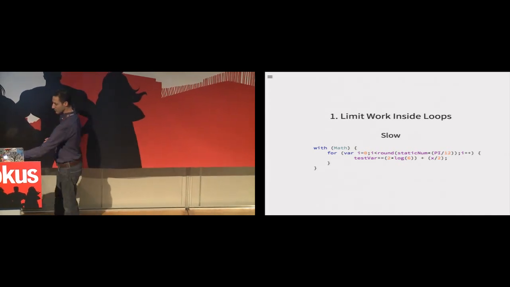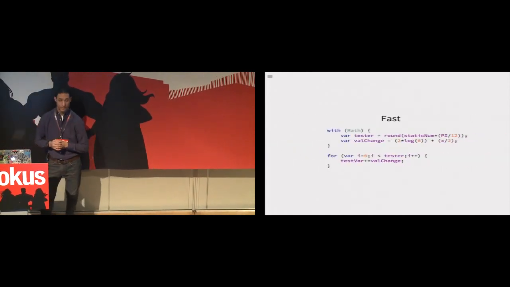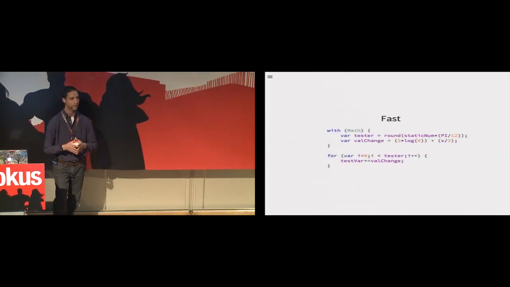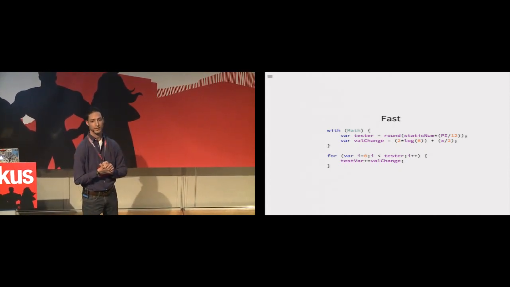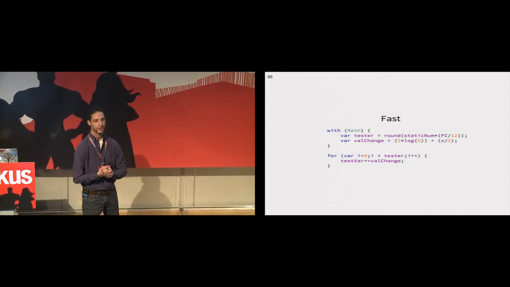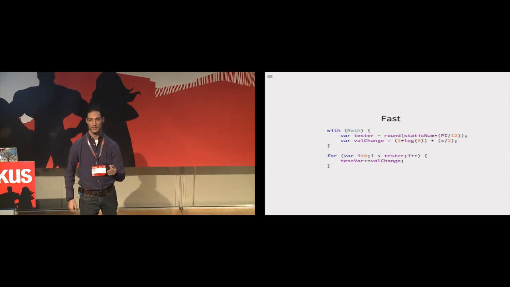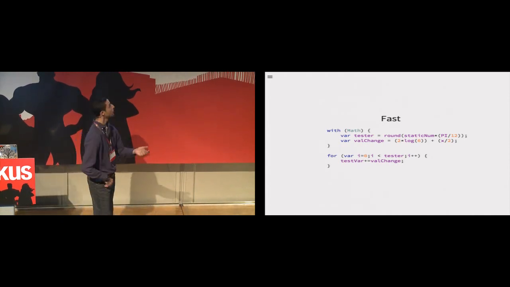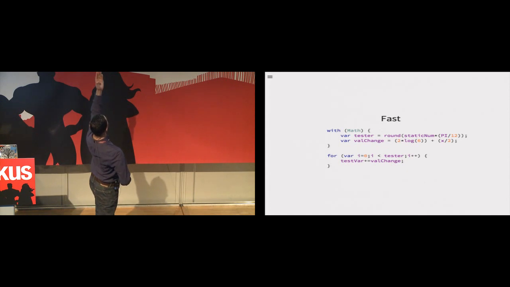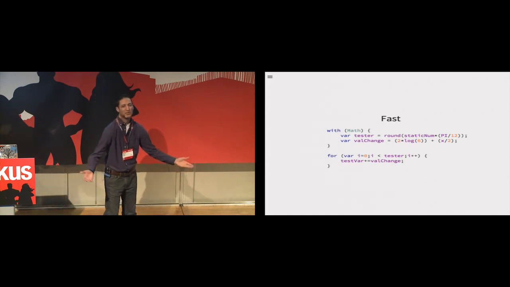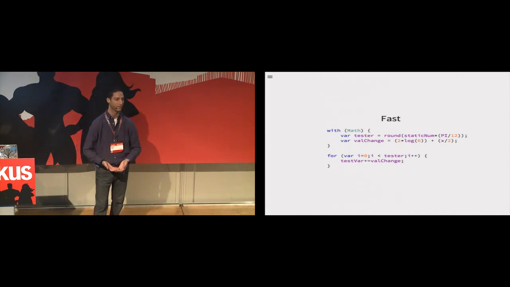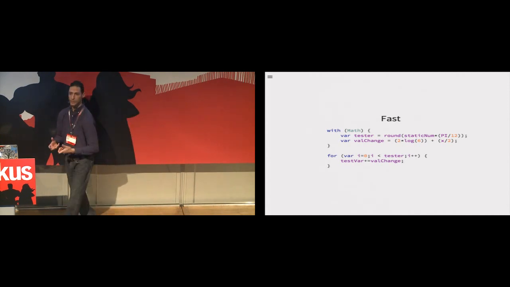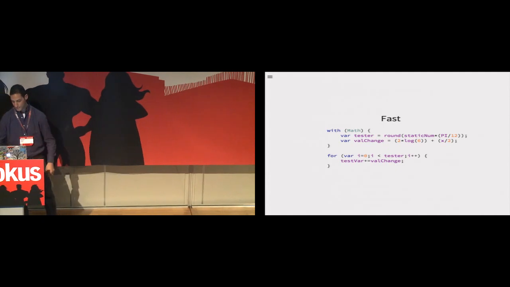To solve this, it's very simple. You can create 2 variables so it will be evaluated once instead of 10 times to get the same variable and count. It's constant. Why am I repeating the calculation of this every time inside the loop? So try to minimize work inside loops.